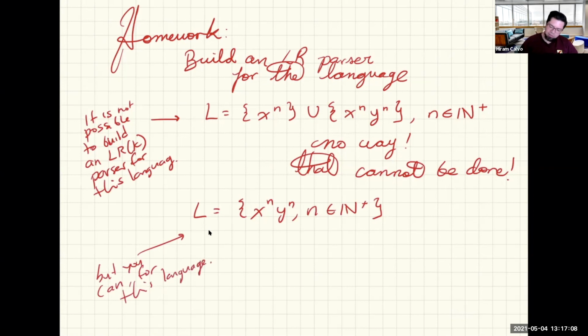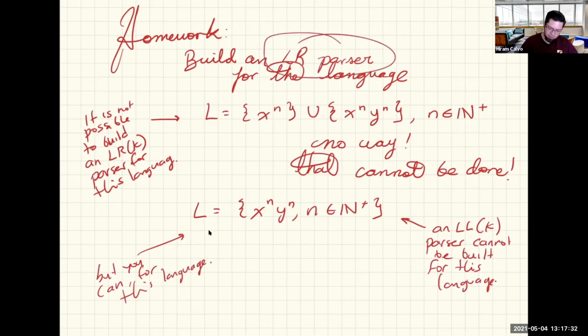Okay, so the question of today precisely was about trying to build an LL parser for this. An LL(k) parser cannot be built for this language. But you can build an LR parser. So your homework will be to build an LR parser for this language.